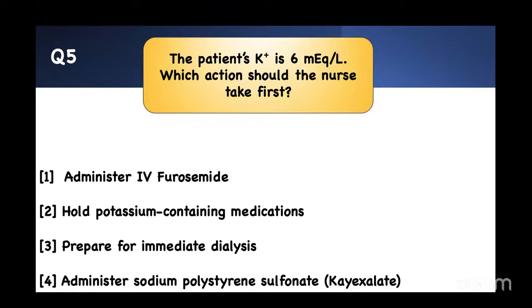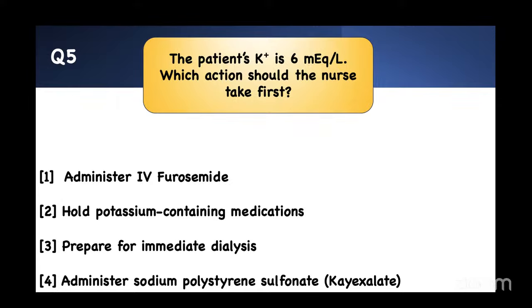What do you think you should do first? If you have to choose one thing, prioritization 101, which one do you think you can institute that will help this patient whose potassium is 6?